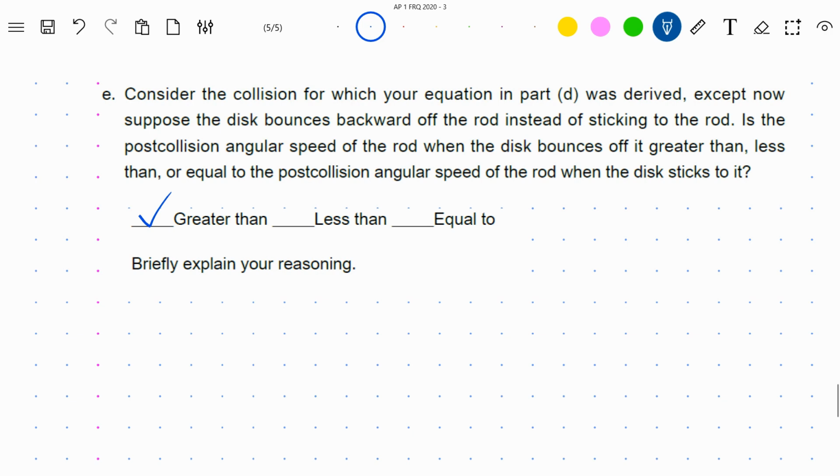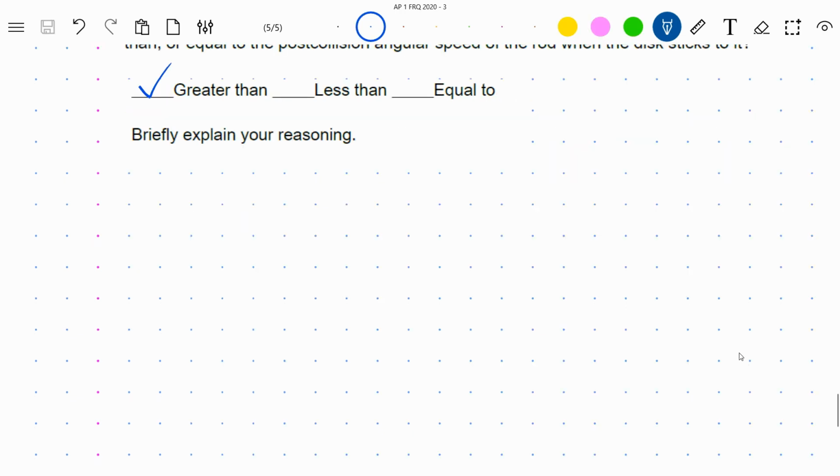Why is that the case? We could write this up in probably more ways than one, but the way that I'm immediately thinking of it is in terms of that angular momentum transfer.